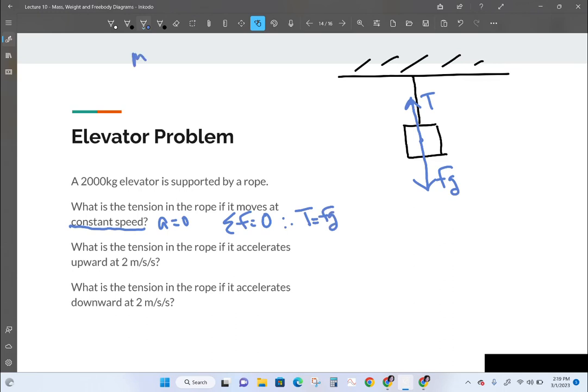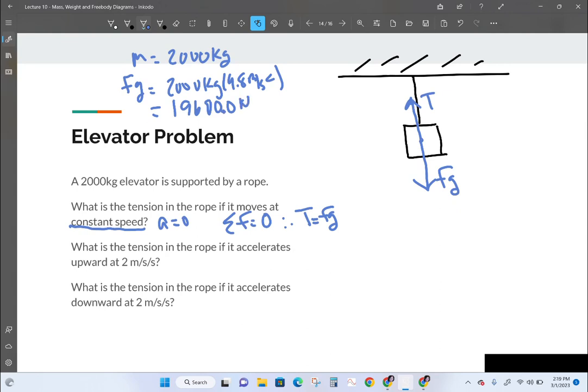The mass is 2,000 kilograms, so the weight is 2,000 kilograms times 9.8 meters per second squared, which is going to be 19,600 newtons.